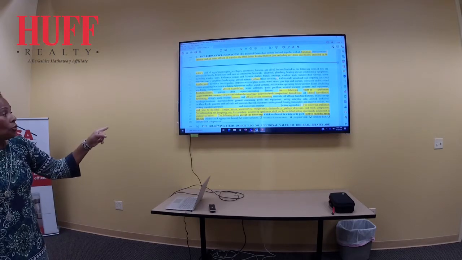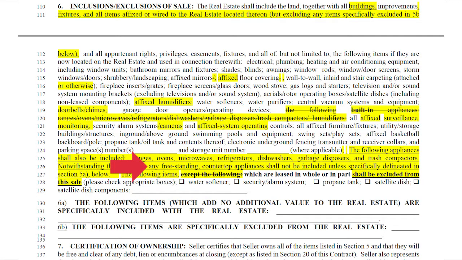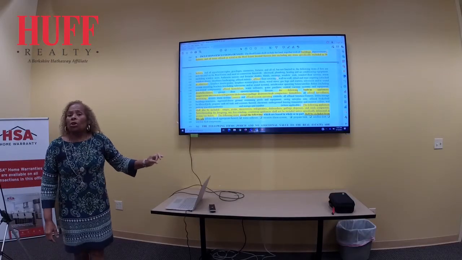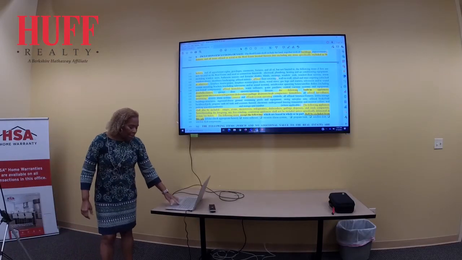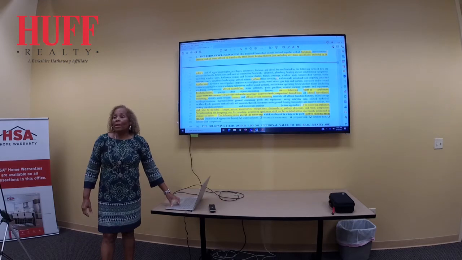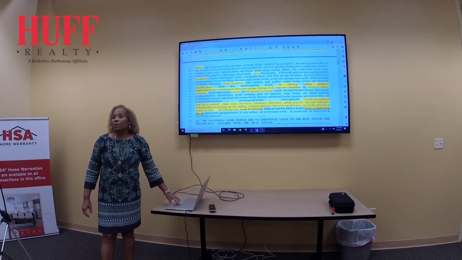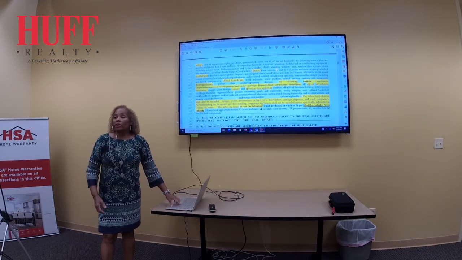Now, they do say that freestanding countertop appliances shall not be included unless specifically detailed. But the thing to remember about this is, if there's any question about it staying or not, make a writing separate, put it in an addendum, and make it very clear.